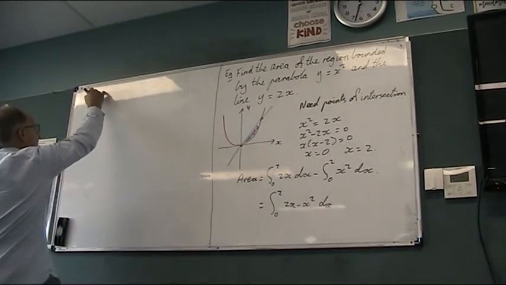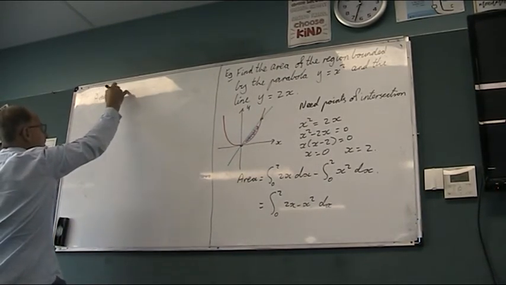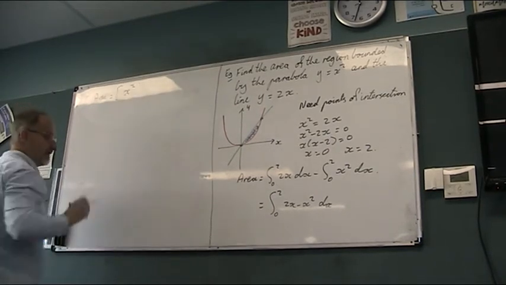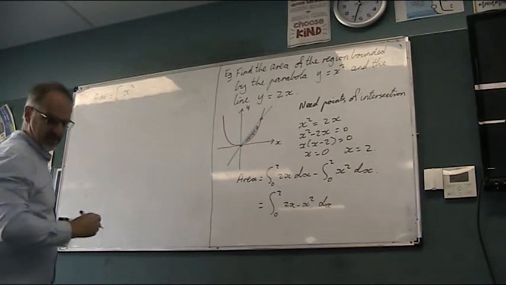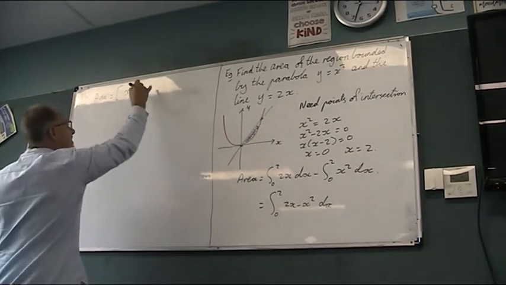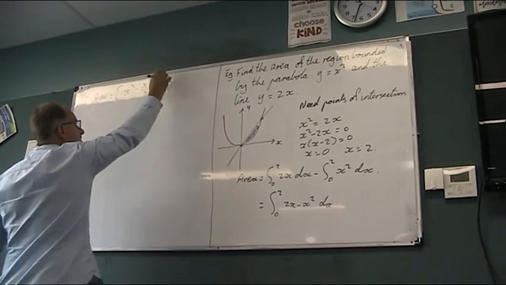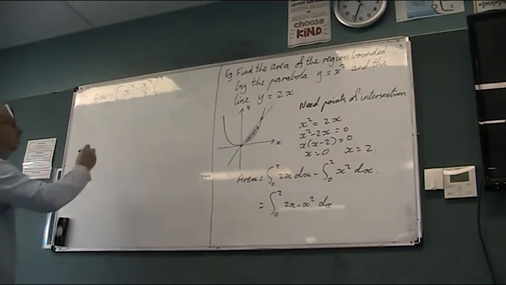Hopefully you can tell me that's just x squared when we integrate 2x, and hopefully this one then is minus x cubed on 3, between 0 and 2.